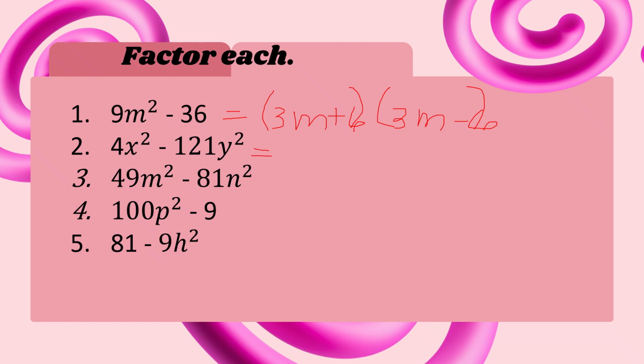Now for number 2, x squared minus 121y squared. For 4, we have 2x, of course, 2x. And then for 121, we have plus 11y, minus 11y.